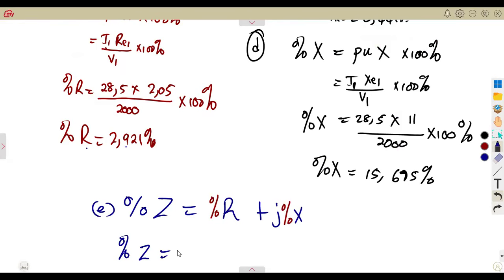Percentage resistance is there: 2,921 plus J percentage reactance is there. We calculated this as a percentage, not a decimal, as a percentage as it is. So this was going to give us the percentage impedance. That's reactance as a percentage. You can just write it like that, as a percentage.